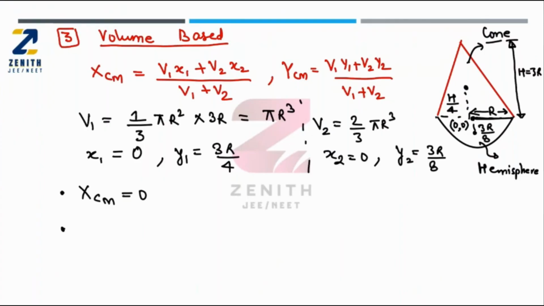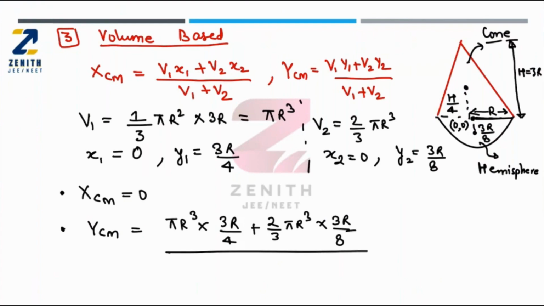Now for YCM, the y center of mass is V1, which is pi r cube, times y1, which is 3r by 4, plus V2, which is 2 by 3 pi r cube, times y2, which is 3r by 8. Now you divide by V1 plus V2, which is pi r cube plus 2 by 3 pi r cube.